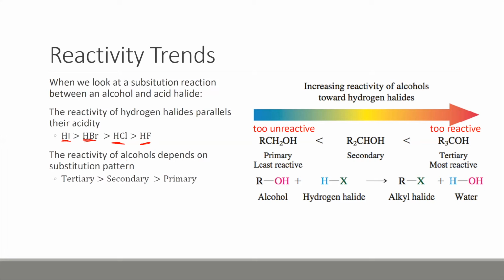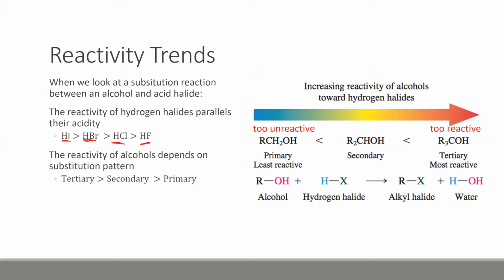Now, the reactivity of the alcohol is going to be dependent on its substitution. And this is why we talked about substitution in the last section. So if you do not remember how to determine the substitution level of an alcohol or of an alkyl halide, go back to 5.1 and review that section.